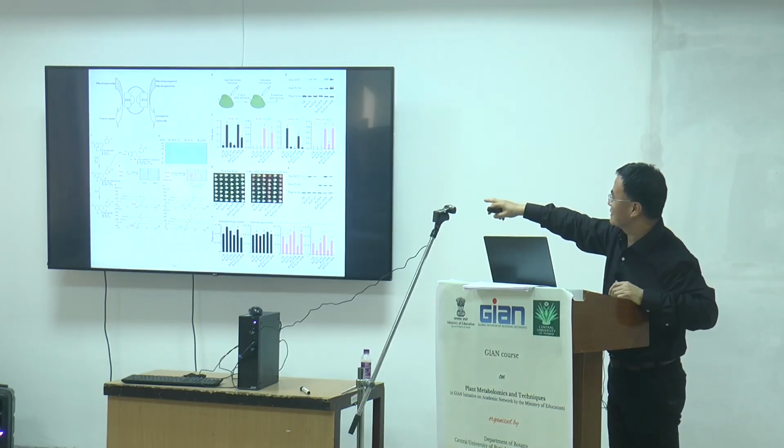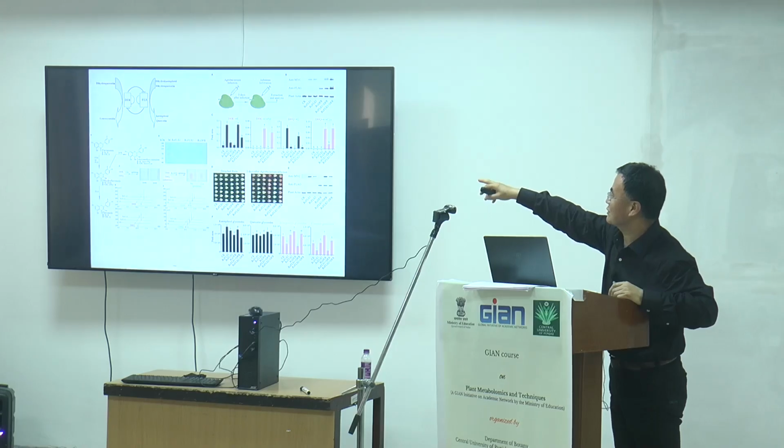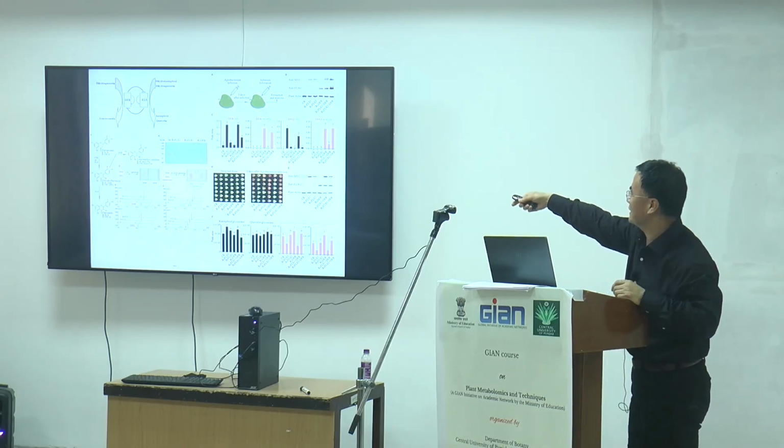In cherry, the fruit color also shows this: dihydrokaempferol to kaempferol, dihydroquercetin to quercetin, and also cyanidin.